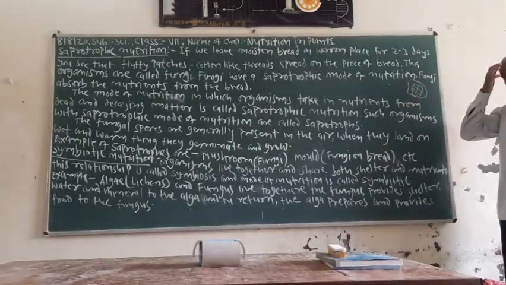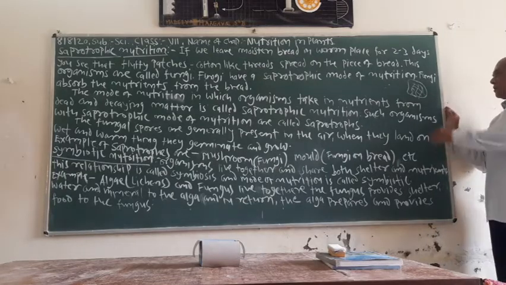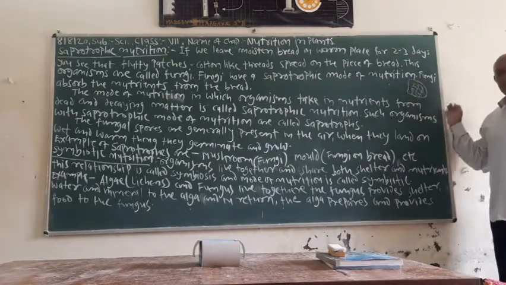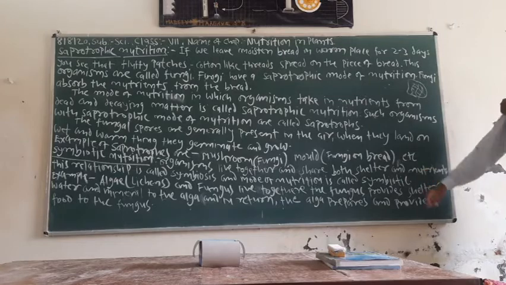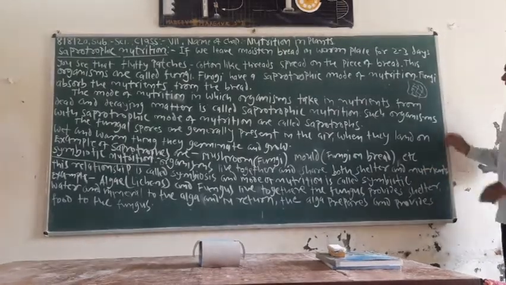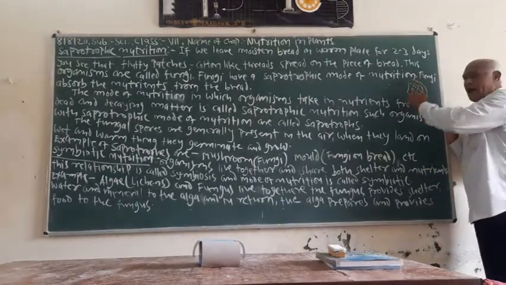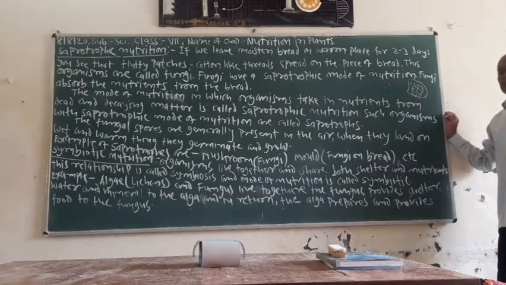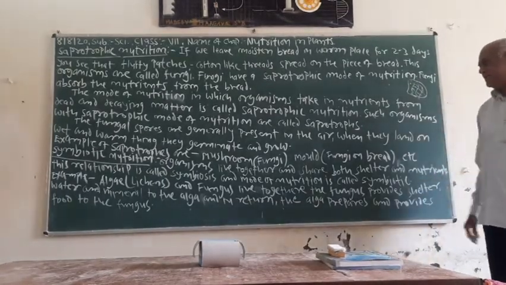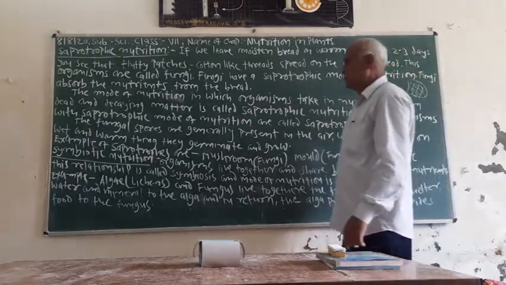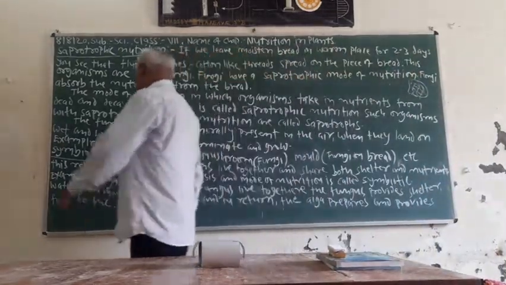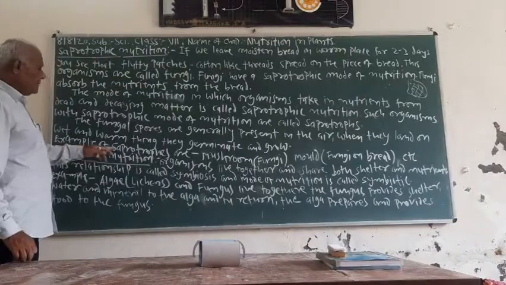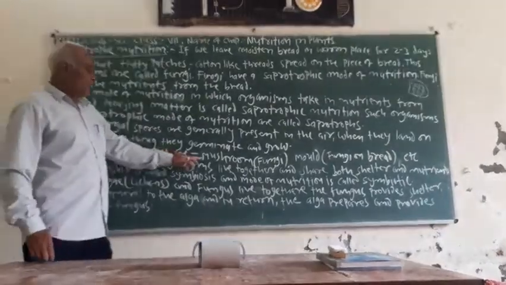They germinate on the piece of bread because on the bread they find favorable conditions for germination. An example of saprotroph is mushroom.